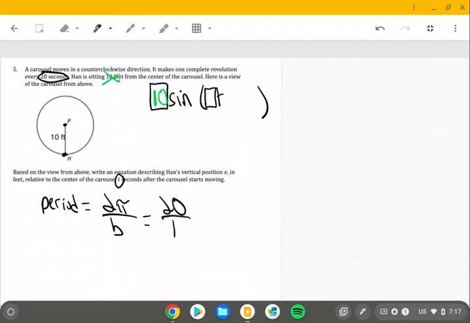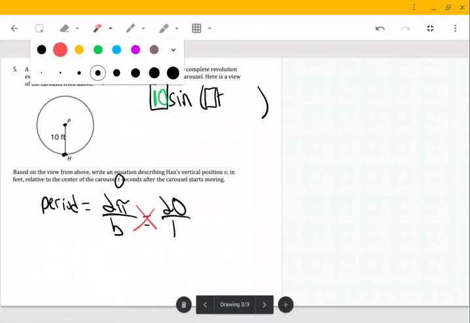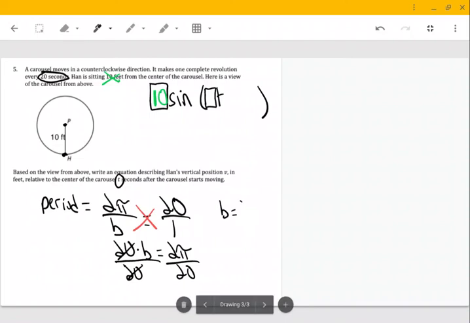So if I cross multiply, I'll end up with 20 times b equals 2 pi times 1. And I'm going to divide both sides by 20, and I end up with b equals 2 pi over 20.